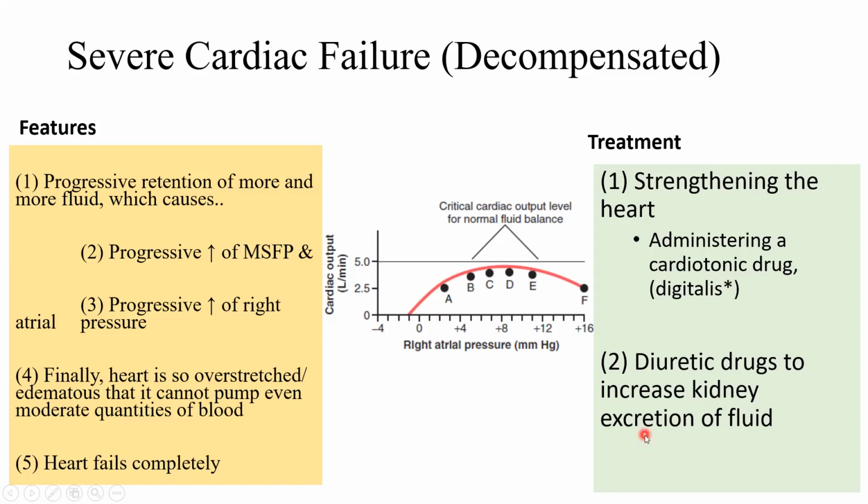They actually take control of the kidney and start to excrete more fluid, bypassing the kidney's habit of decreasing fluid output when the perfusion pressure decreases. That's like an inbuilt thing that makes sense to the kidney. But now you're giving a drug which bypasses that habit and basically increases fluid excretion by the kidney. Okay, so that's that.